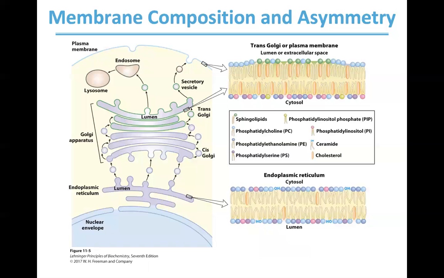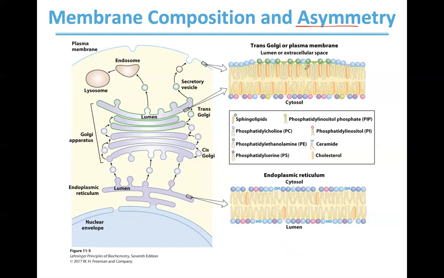Keep going. Now, what's important is also not just the composition, but also asymmetry. What this stands for is the presence of the lipid in the outer layer versus the inner layer, right? So if we have, for example, a plasma membrane, it's a bilayer, right?